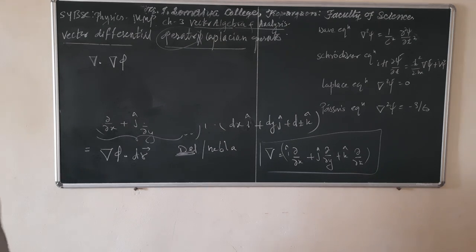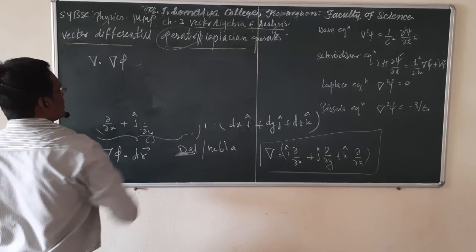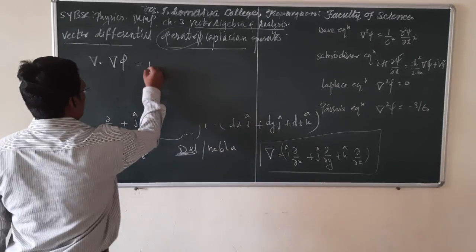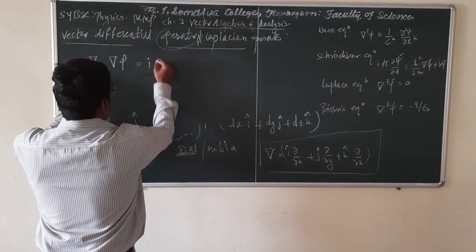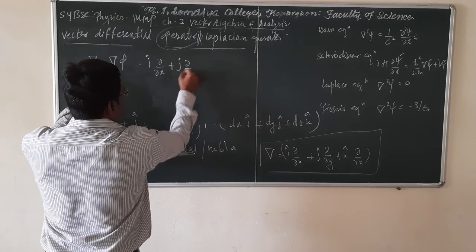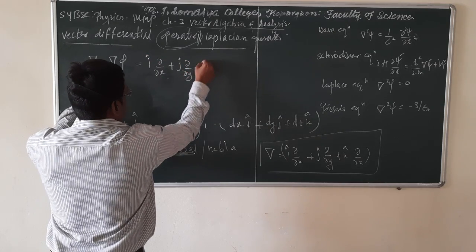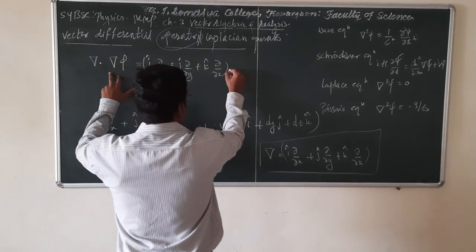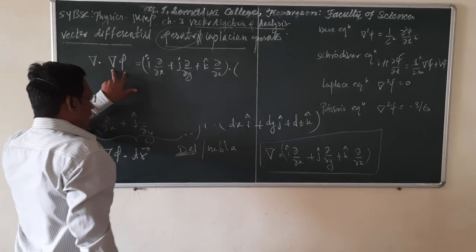On the right hand side, del is i cap ∂/∂x + j cap ∂/∂y + k cap ∂/∂z, and we take the dot product with the gradient of phi.